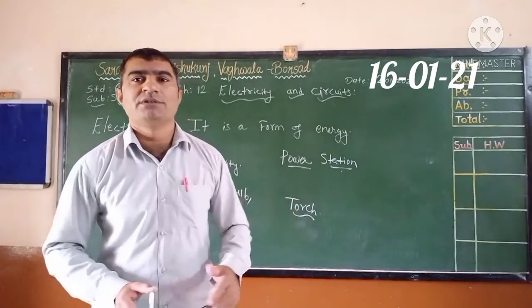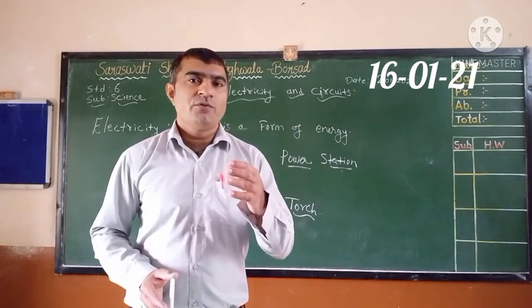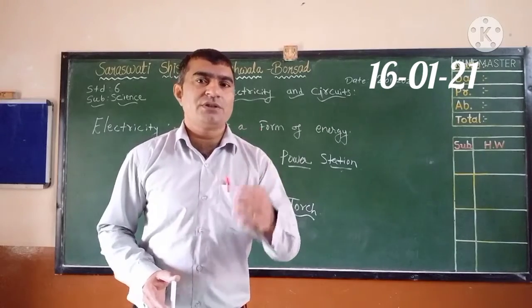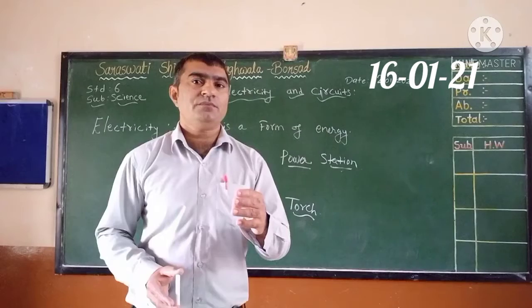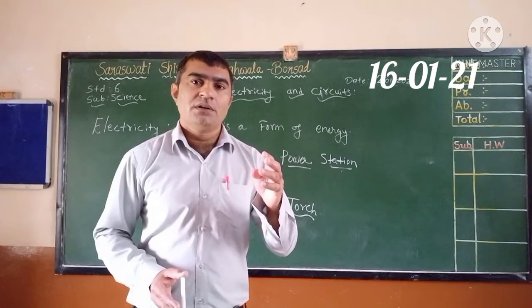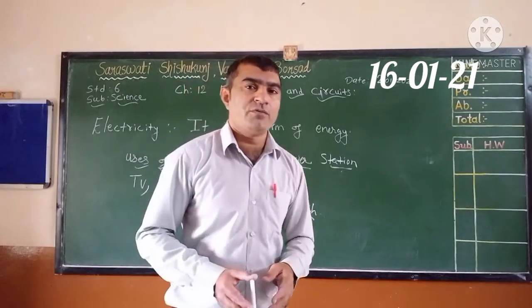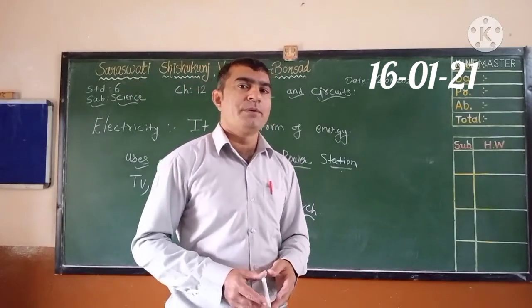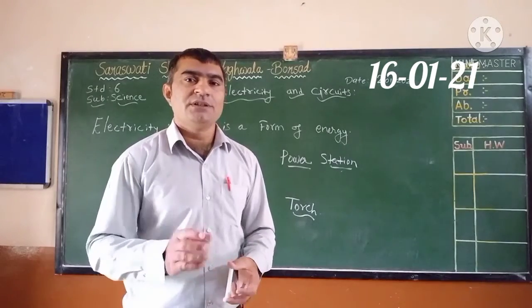what are you doing? Nowadays we have phones, lights, so you will switch on the torch. But before a few years there were no phones, and how did people see in the dark?